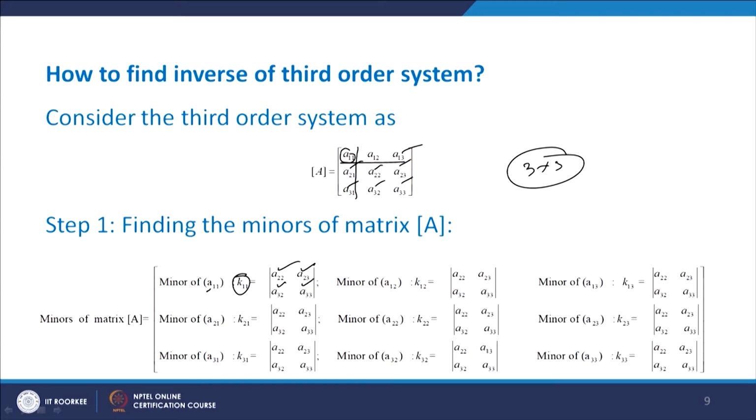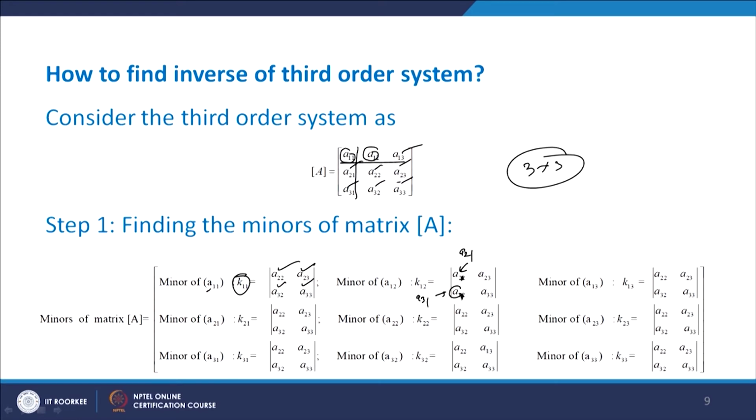Similarly, to calculate the principal minor of A12, remove this particular row and this particular column. What remains is A21, A23, A31 and A33.